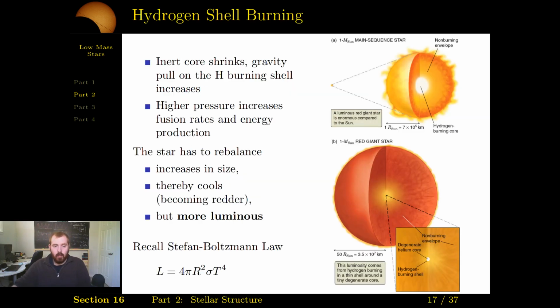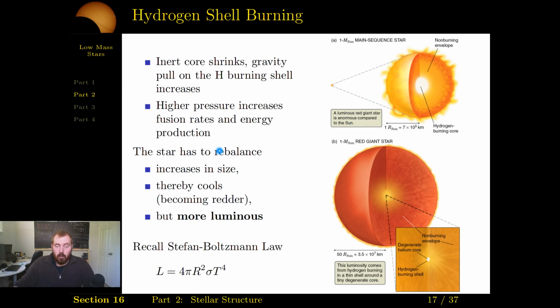All right. Now look at what happens to the bulk of the star. That inert core, remember, shrunk down and you have that hydrogen burning shell? We're now starting to increase the pressure in the core. As the pressures change in the core, the star balloons in size, right?